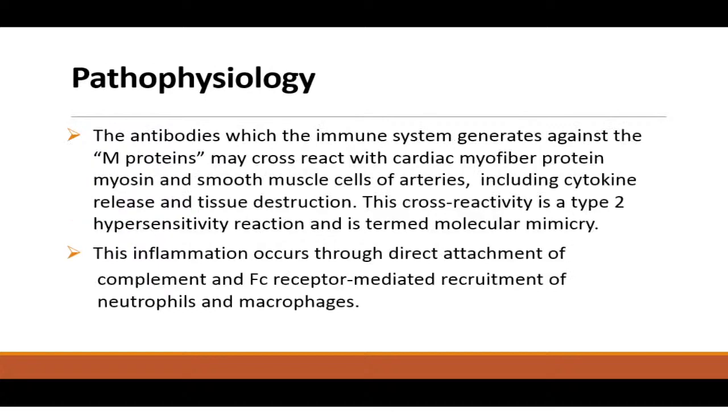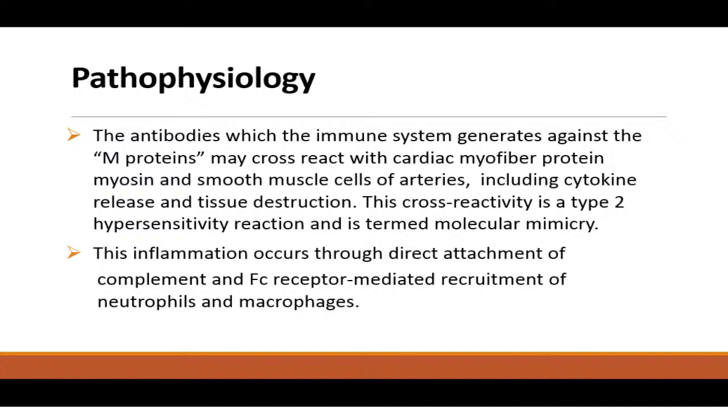So antibodies which form because of a normal immune response cross-react with the M proteins which are localized in myofibers, in cardiac myofiber protein myosin, in smooth muscles of arteries, and as we said, the same M proteins are present in joints and skin.